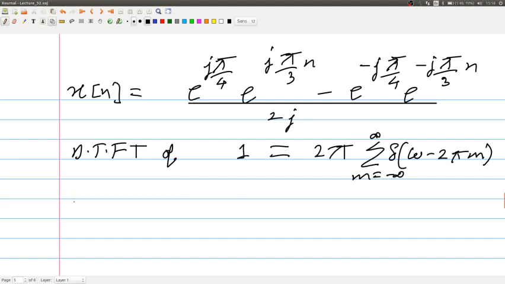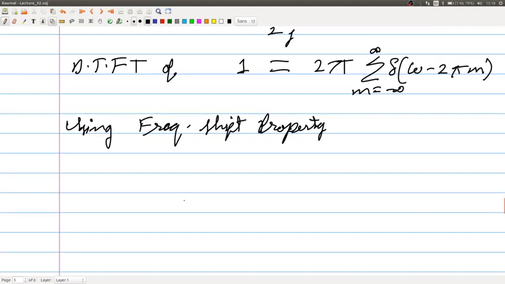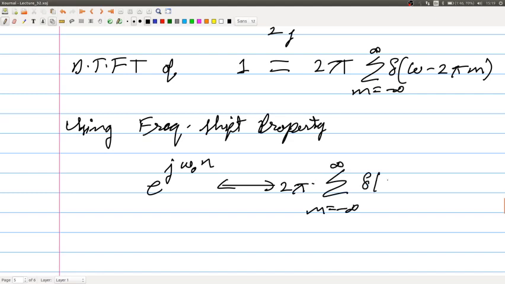So using the frequency shift property, e to the power j omega naught n has Fourier transform 2 pi delta of omega minus omega naught minus 2 pi m.